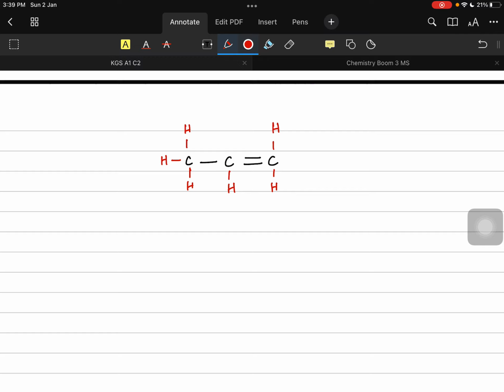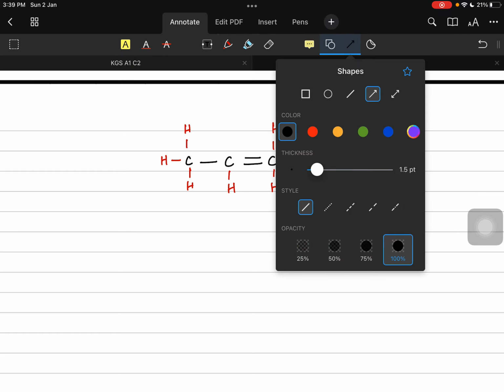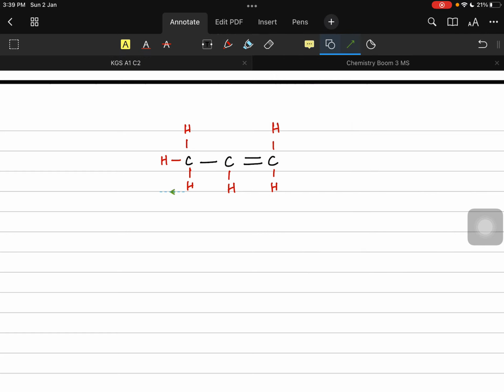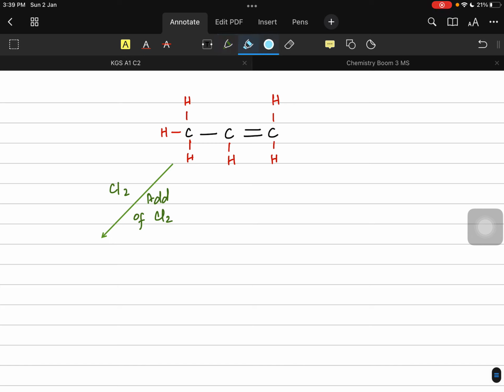Now if I want to perform the addition of chlorine, let's suppose I provide chlorine molecules. You just make sure that the carbon-carbon double bond is between the carbon in the center and the carbon on the right.